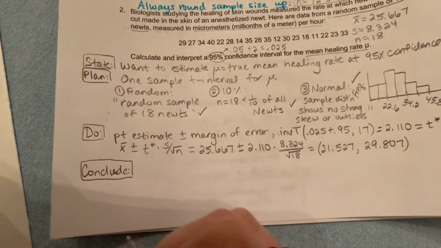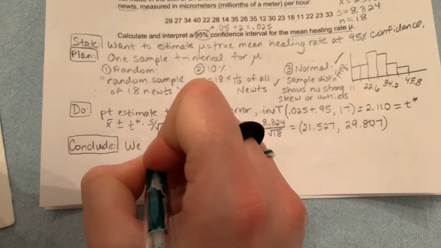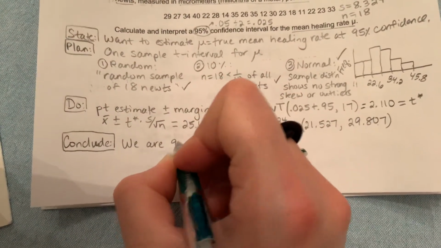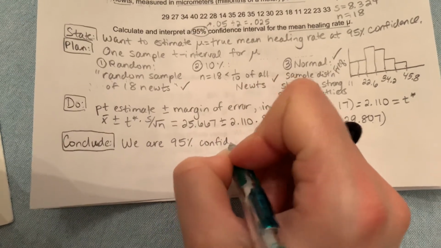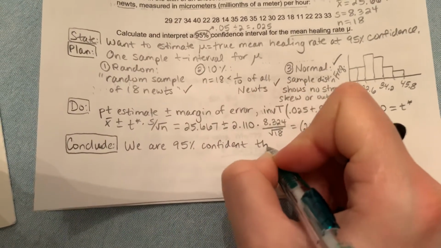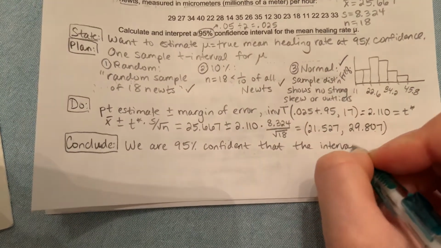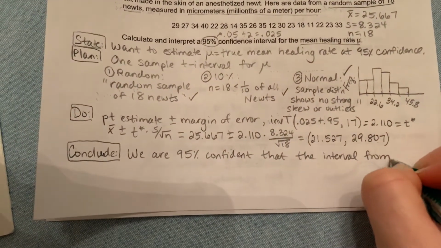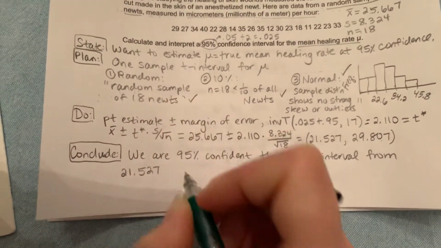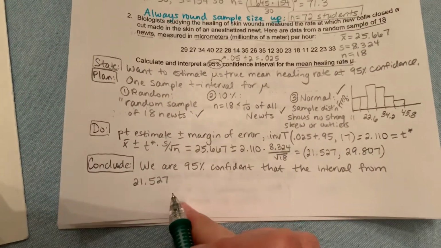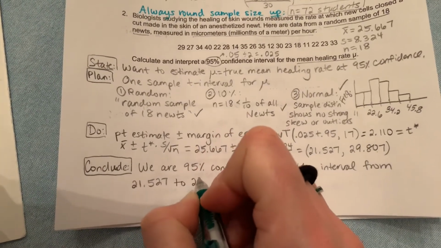Okay, so in our conclude step, we state that sentence for the interpretation of confidence intervals. Our confidence level was 95, so we are 95% confident that the interval from 21.527 to 29.807, and I'm going to use units just once because they're kind of long.